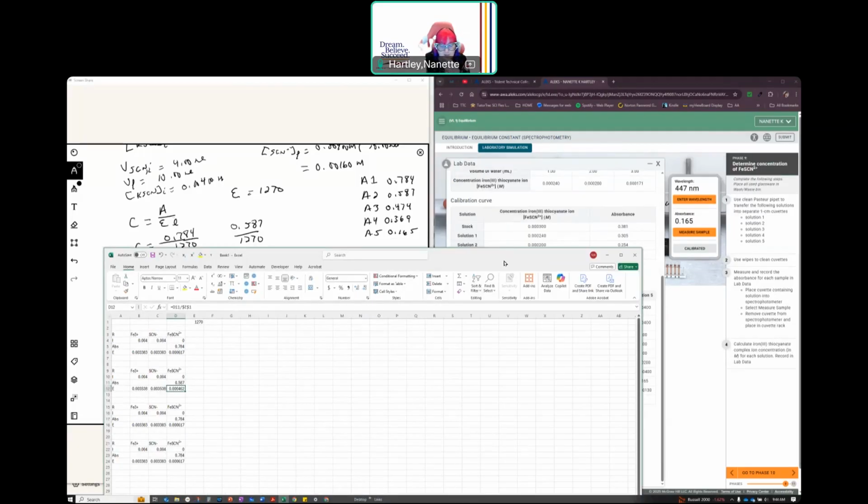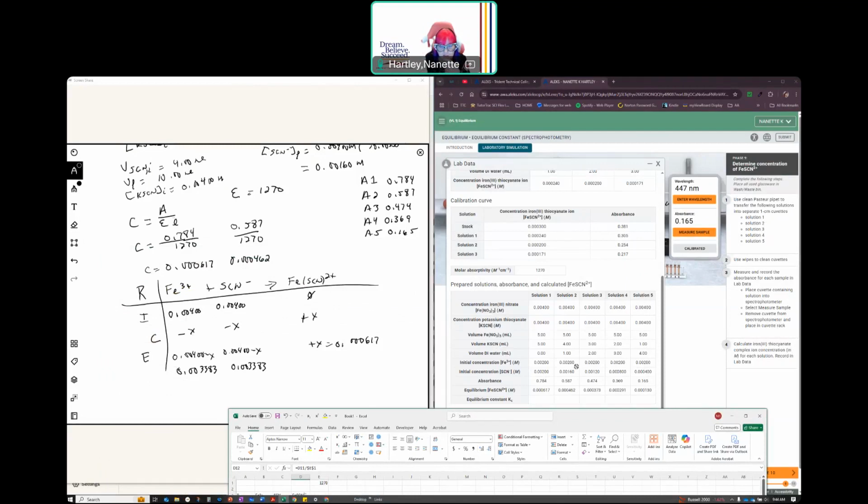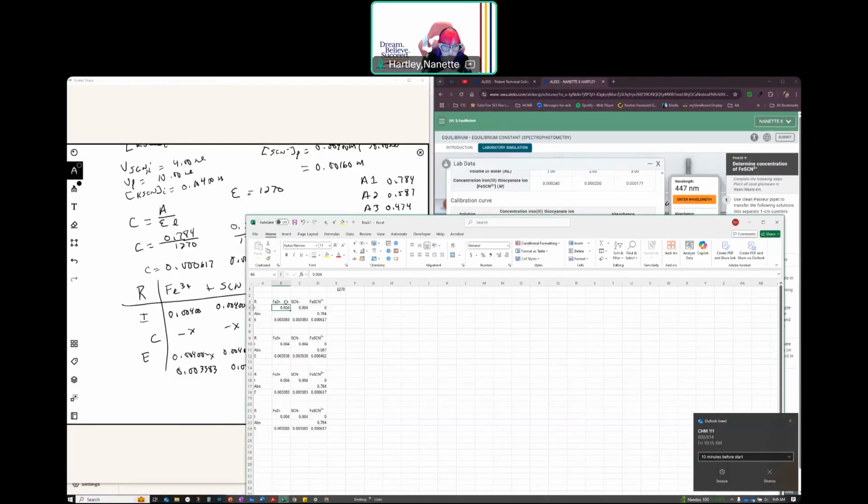I know that they're not necessarily the same for each of these, and actually they aren't for the Fe3+, so I will need to fix that because my initial concentration of the Fe3+ is 0.2. That's right, I diluted it.